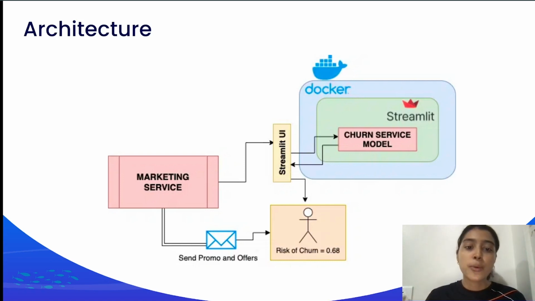And this is going to be published as an endpoint on a port, which would be accessible to end users. They could just call the endpoint, interact with the UI given the data of the customer, and get the risk of churn in return from the web service, right? And that could then be used by the business to trigger their retention strategies.